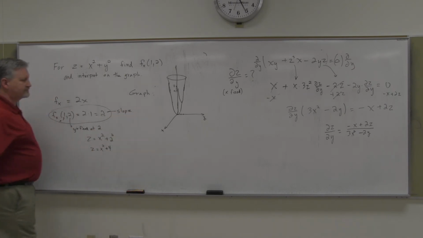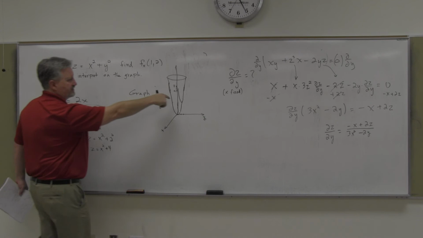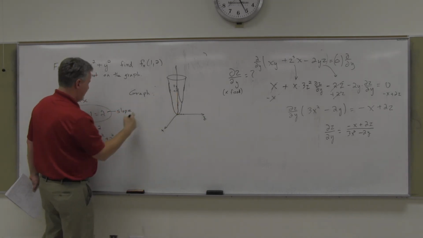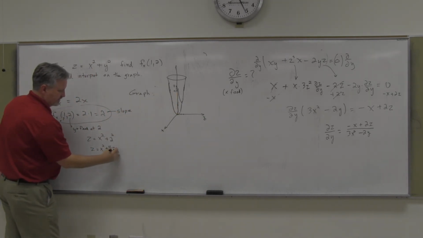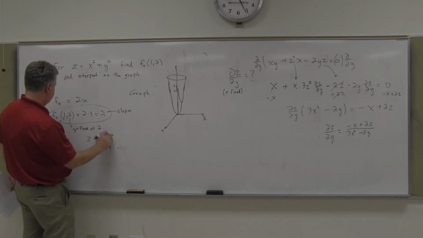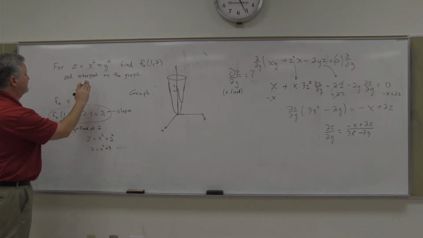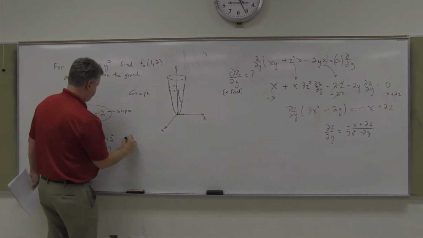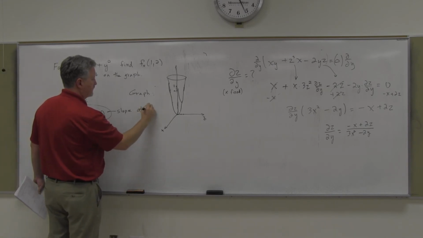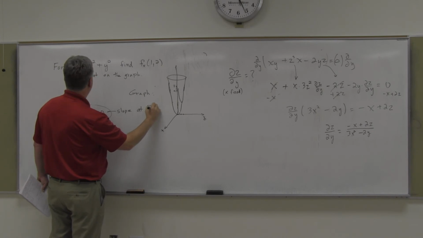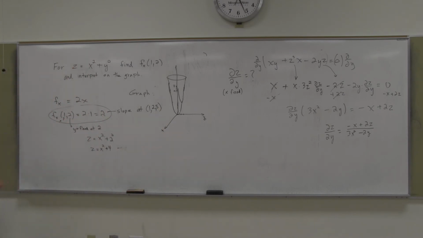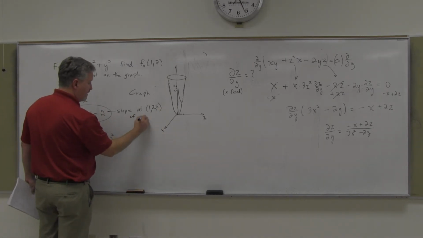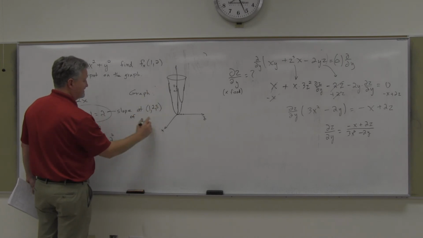It's the slope of that parabola at this point, that would be 1, 2, and then the y, the x is 1, the y is 2, so that'd be 1, 4, so that'd be 5, right? 1, 2, 5, of that parabola in the xz plane.